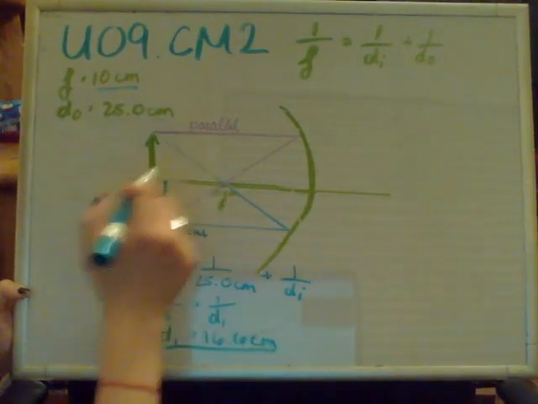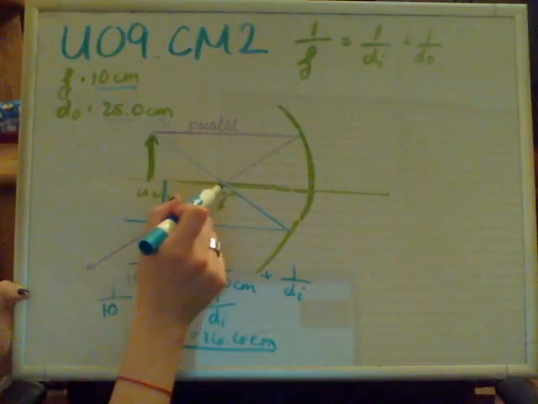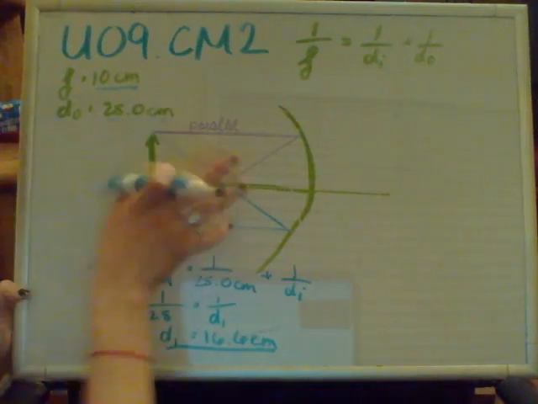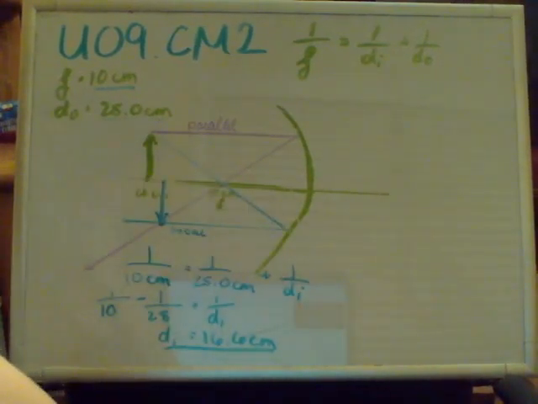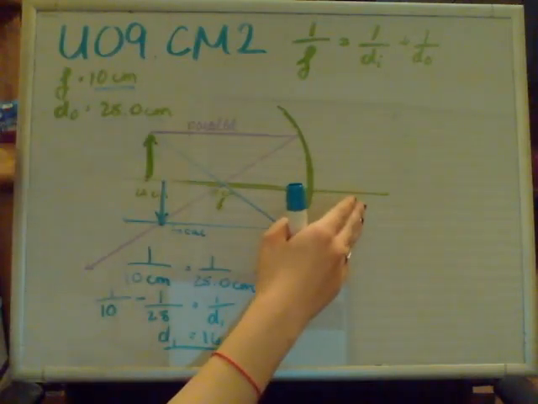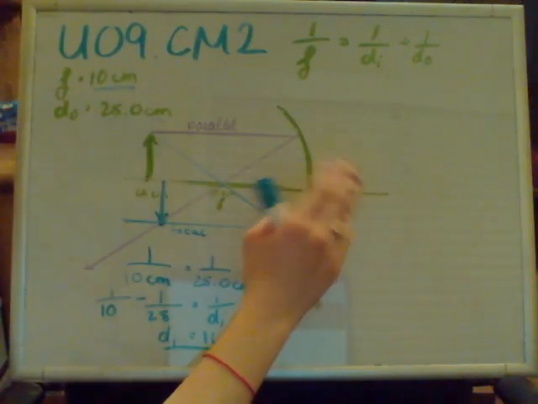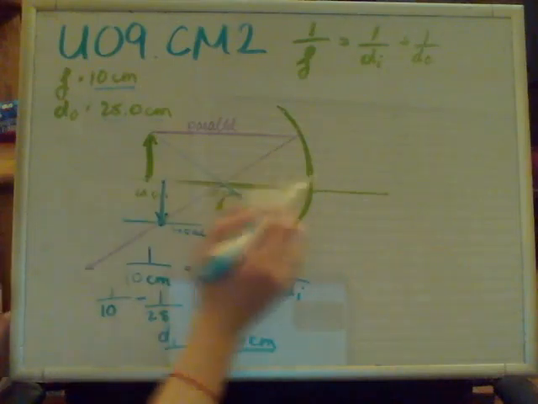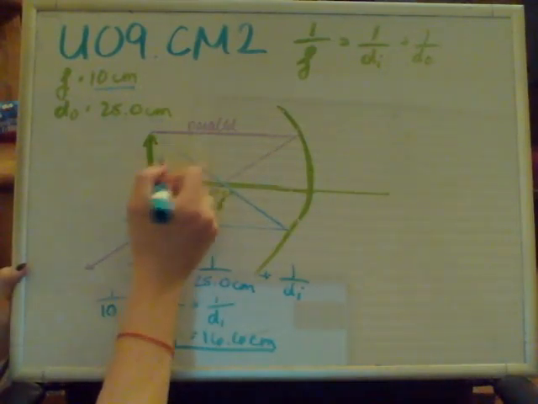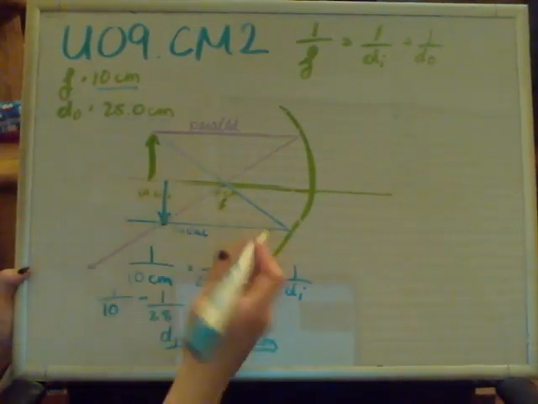That looks about right because it's between 25 centimeters and 10 centimeters. It's not going to be that accurate because I didn't use actual centimeters on a ruler, but you can tell it's pretty much there.